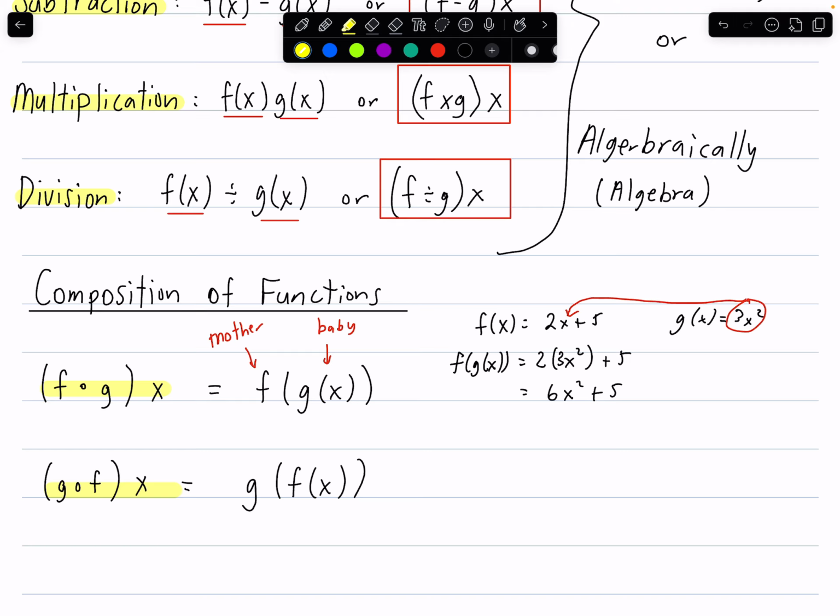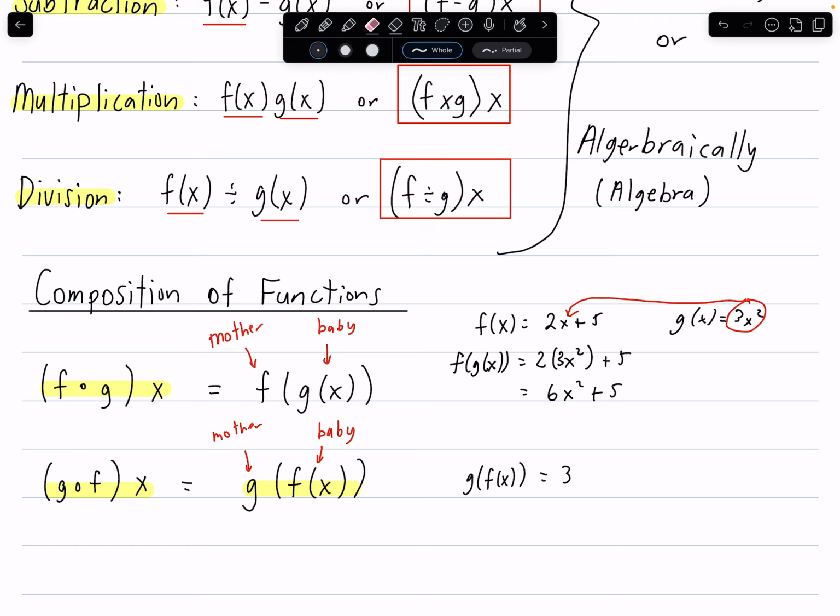In the same respect, we have g of f at x, right? Also known as g bracket f at x, where in this case, it's just flipped. The f at x becomes the baby, and the g of x becomes the mother, right? So if we were to take f at x and plug it into g at x, this is how that would look like. We would be plugging the 2x plus 5 into the 3x squared.